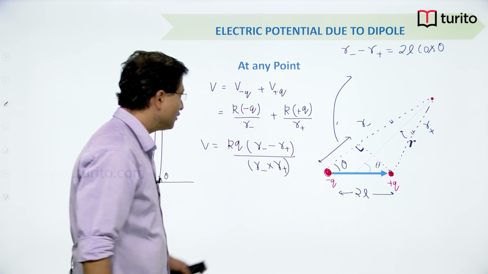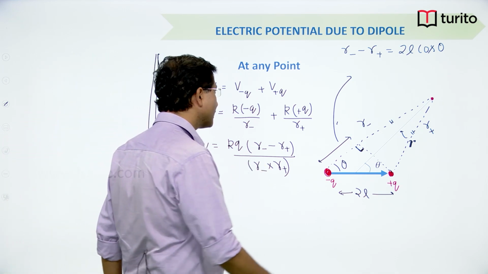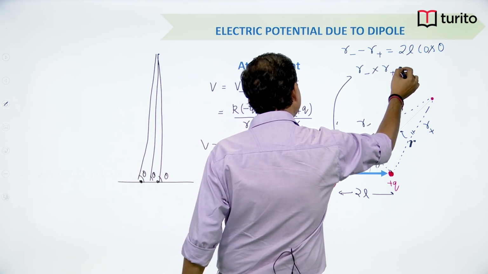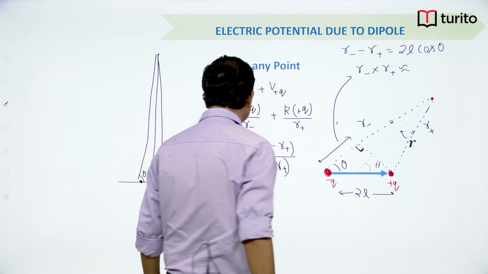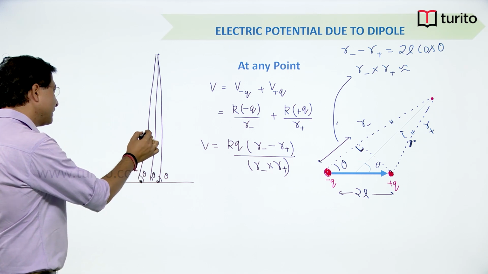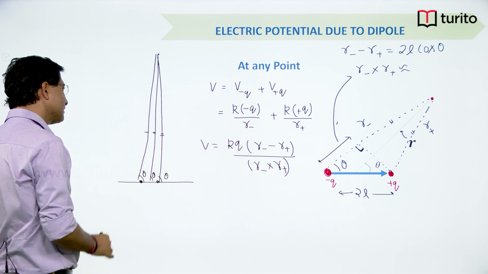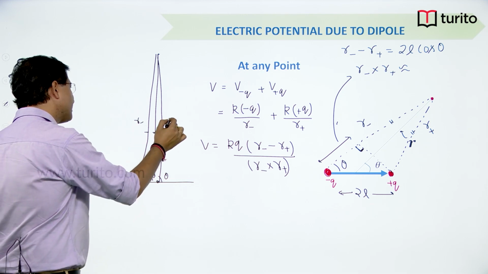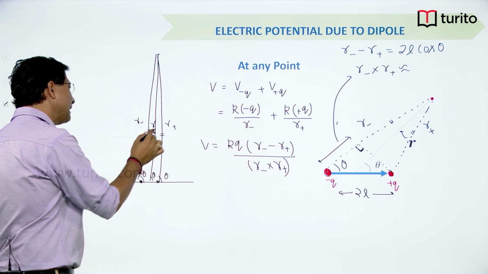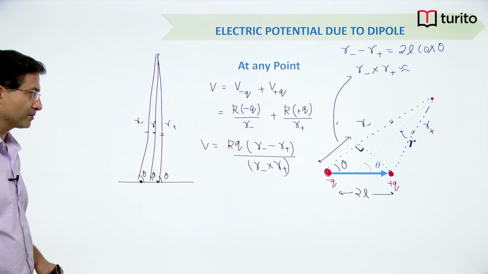Now, I require the value of r minus into r plus. That can be approximately written, because look at this diagram. This is r minus, this is r plus and this is r. So I can write r plus is almost the same as r minus, which is almost the same as r.